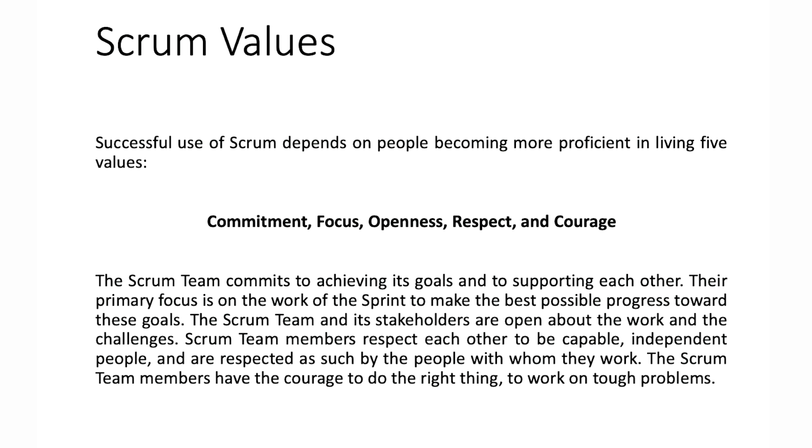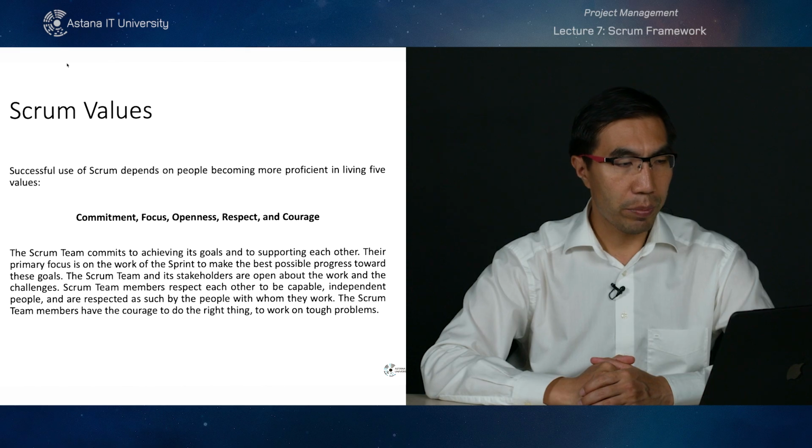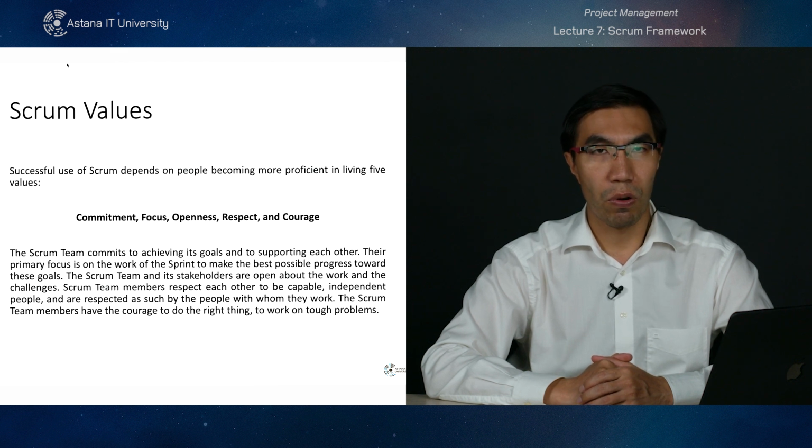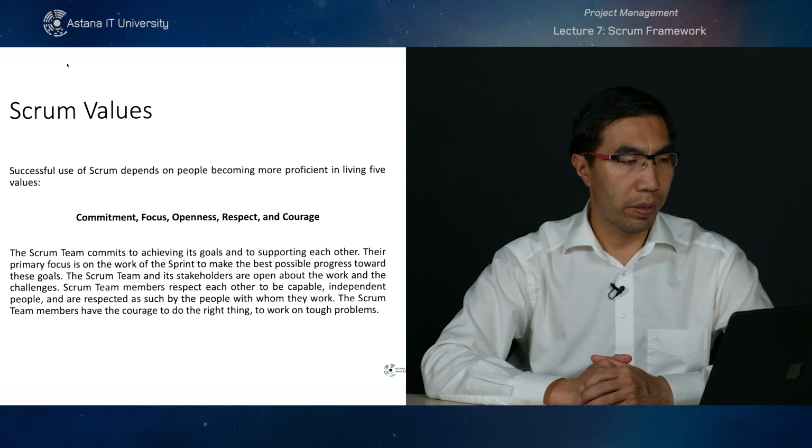If you remember from the previous lecture, we discussed that it's not only doing agile, but also being agile, adopting an agile mindset, which is important. The Scrum team commits to achieving its goals and to supporting each other. Their primary focus is on the work of the sprint to make the best possible progress toward these goals.